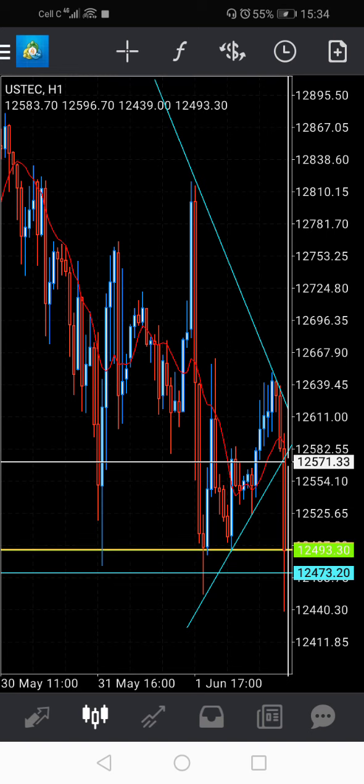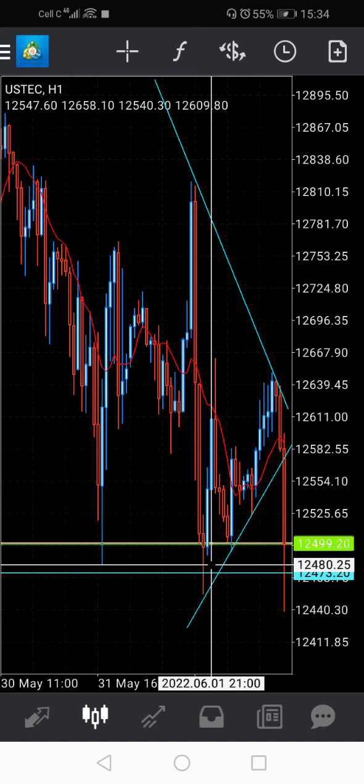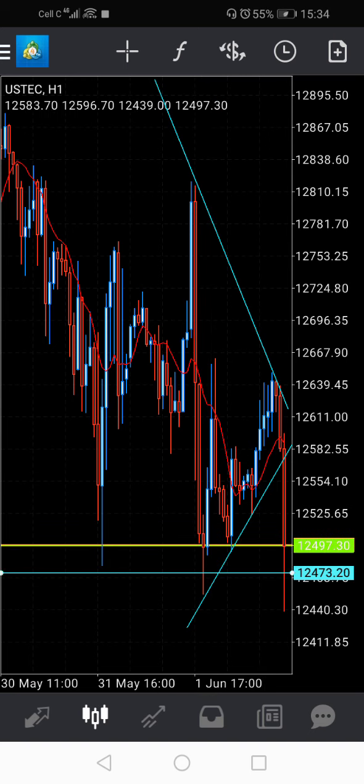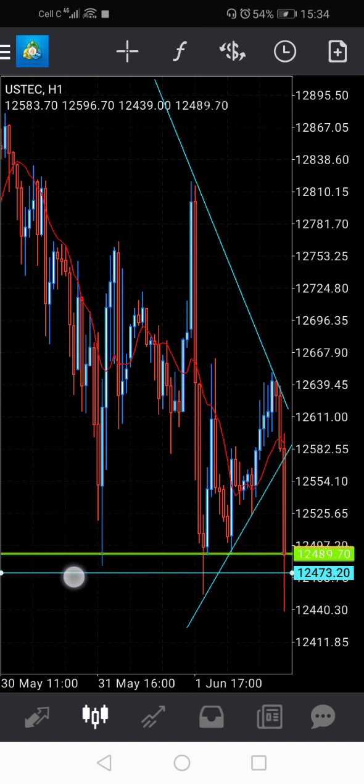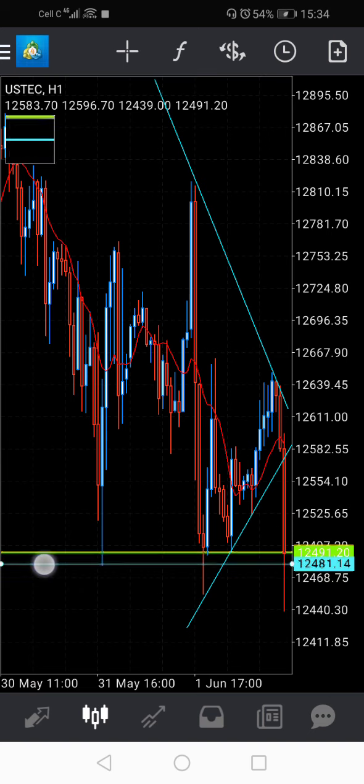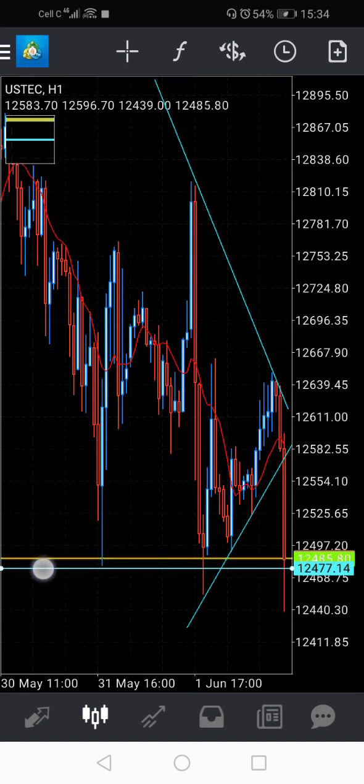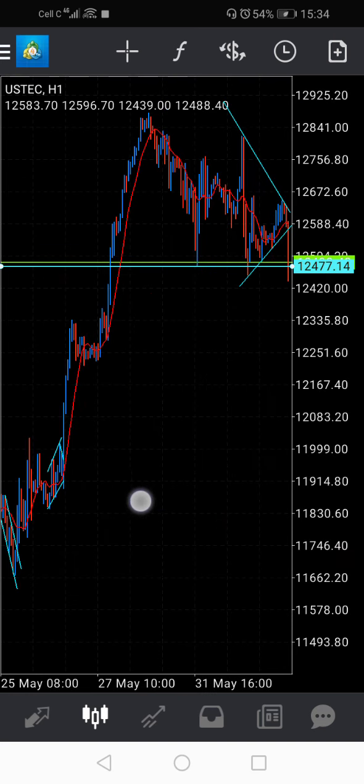I can maybe wait for a retracement. And then I drew this horizontal line here. Let me move it up here. Somewhere there we've already broken. We broke the trend line, but it hasn't broken through this support area right here. So this is not a hard support.